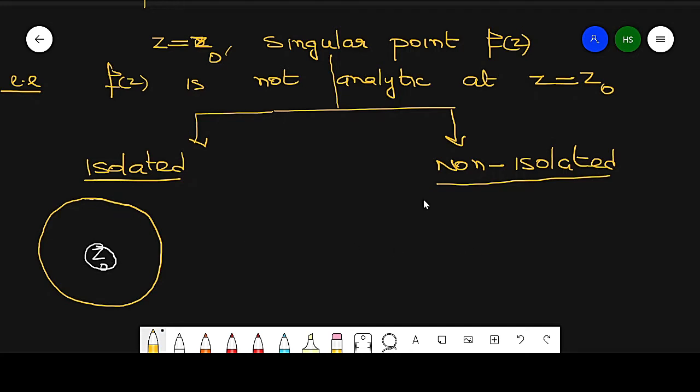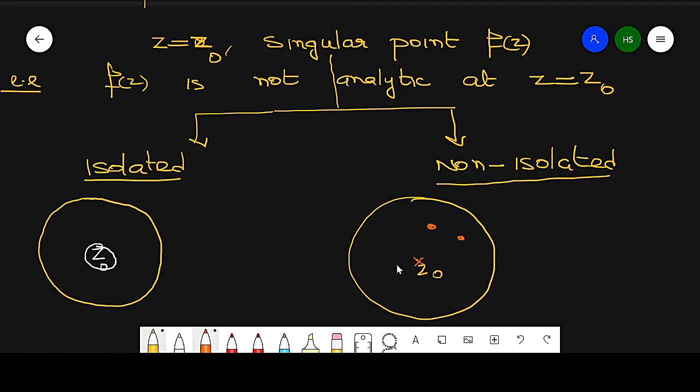On the other side, if this z naught is a singular point of f(z), and there exists some other point which is also a singularity of f(z), then it is called a non-isolated singularity.